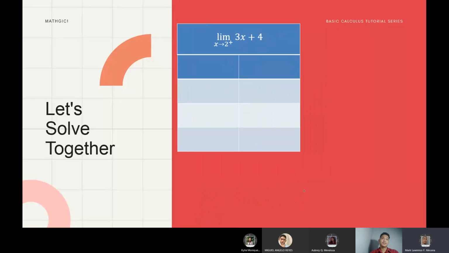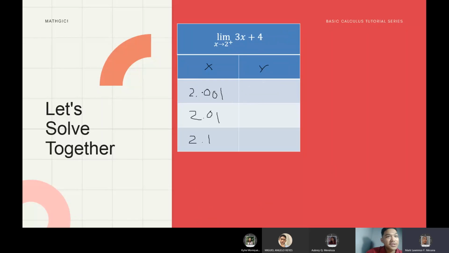Next, we have the right hand side of our example, so we will have x and y. We have our value of c, but greater than the value of c: 2.001, next is 2.01, and the last is 2.1.